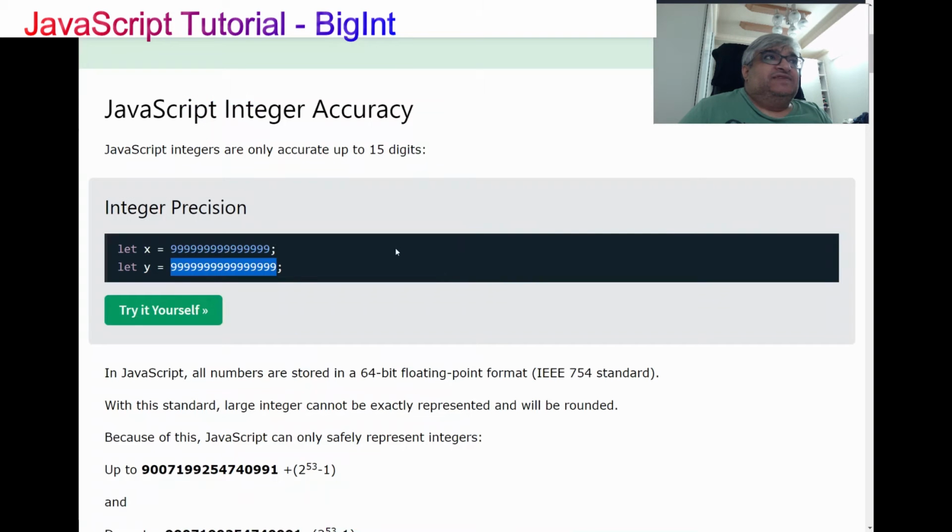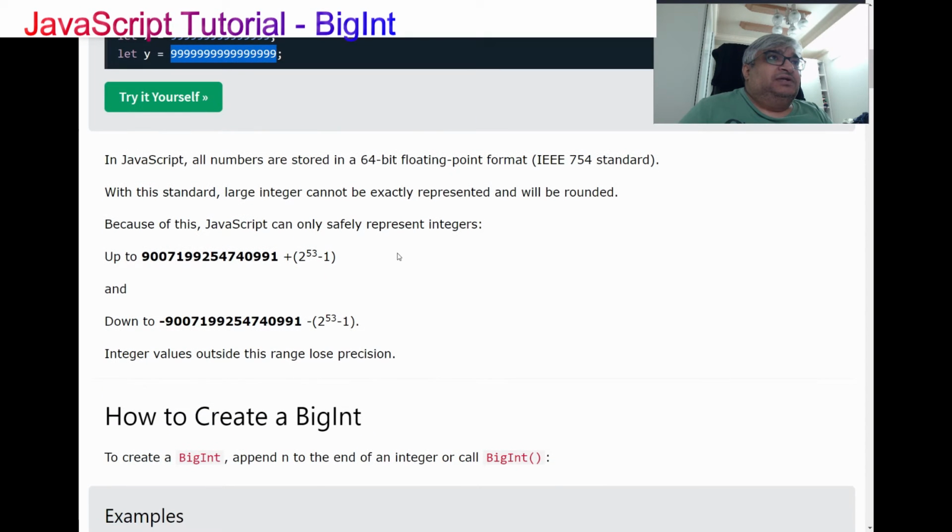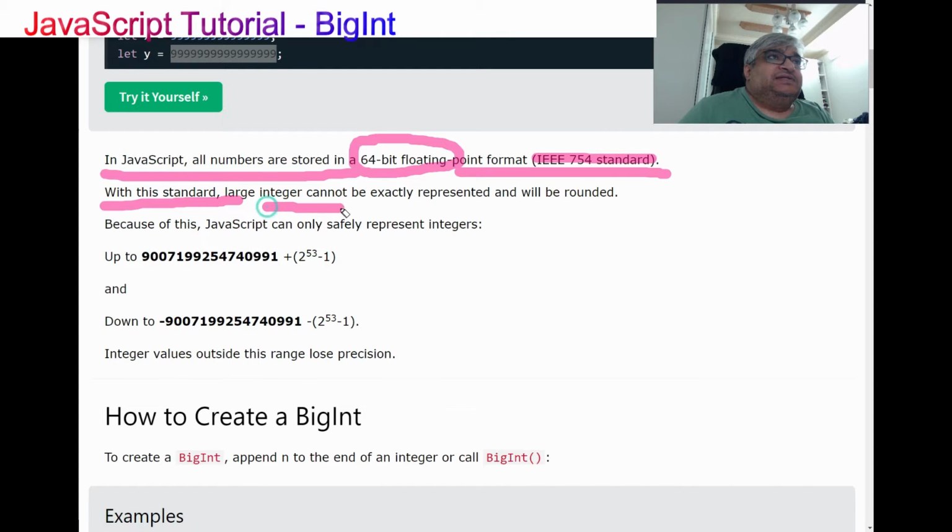Now we have the solution, and that is called BigInt. In JavaScript, all numbers are stored in a 64-bit floating point format called the IEEE 754 standard. With this standard, large integers cannot be exactly represented and will be rounded.